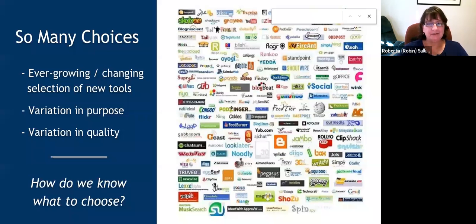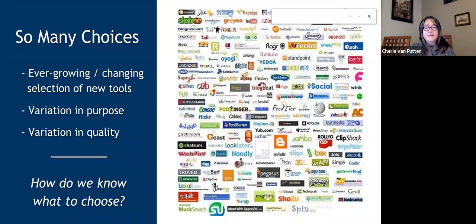So I'm going to turn it over to Cherie to get us started. Okay, there's a lot of tools out here. We have this little collage of different tools that are available to people. And if you get comfortable using one, invariably something is going to change in that one, and maybe you don't like it anymore.